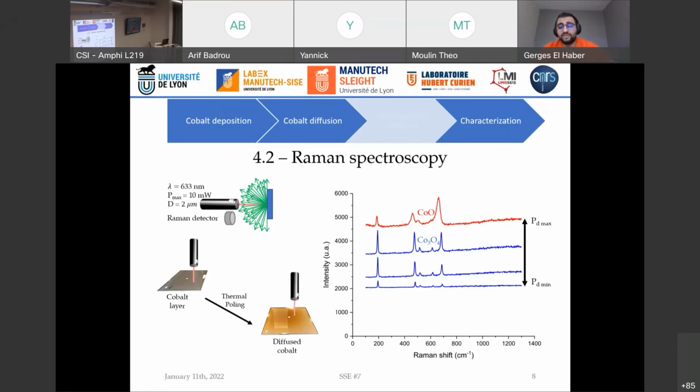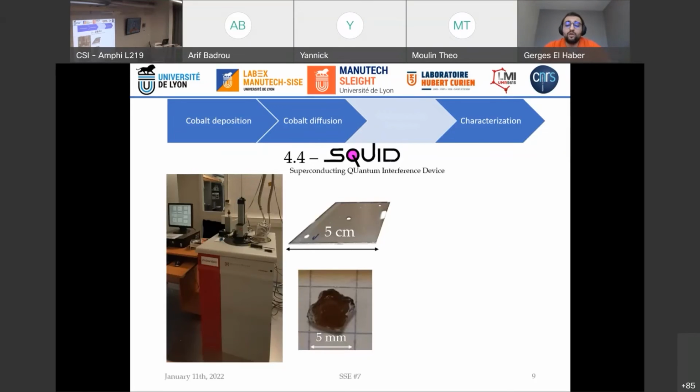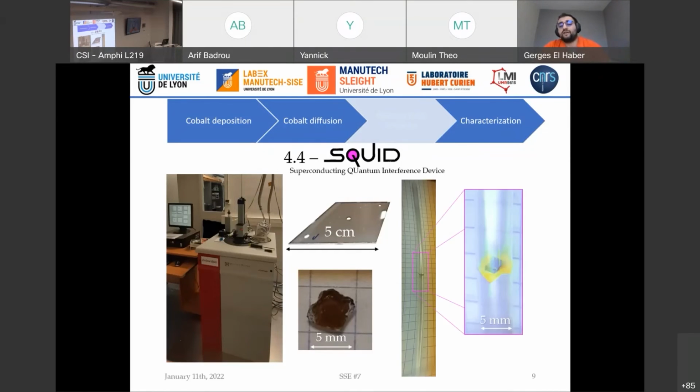And to complete this investigation, magnetic properties should be measured for these cobalt oxides. In order to measure the magnetic behavior of these samples, we will use SQUID, superconducting quantum interference device. Using this machine is challenging because we should cut a 5 by 5 centimeter sample into a small one to fit it inside a straw having a diameter of 5 millimeter.